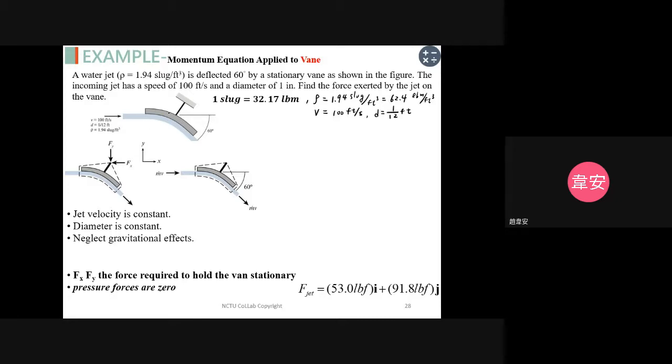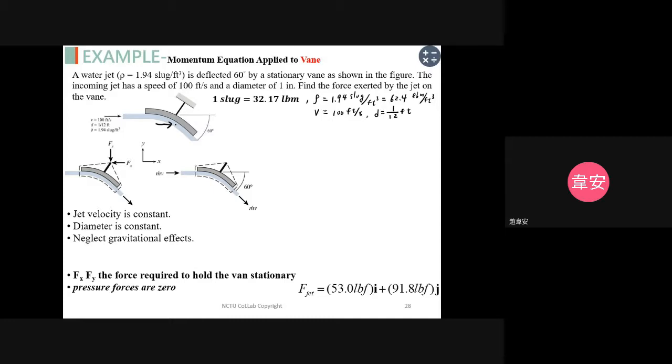So if we go back to the cartoon figure shown here, the jet first will push the fan to the right. It's the jet acting on the fan, just pushing the fan to the right, and the fan will also push the water jet downward.